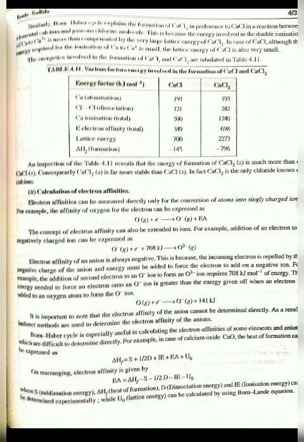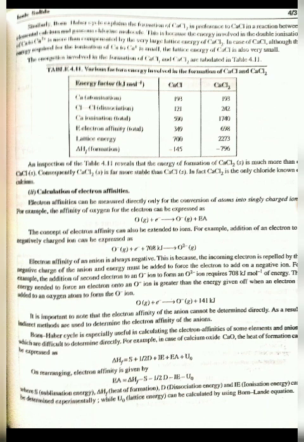It is important to note that the electron affinity of the anion cannot be determined directly. As a result, indirect methods are used to determine the electron affinity of the anions. The Born-Haber cycle is specially used in calculating the electron affinities of some elements and anions which are difficult to determine directly. For example, in case of calcium oxide CaO, the heat of formation can be expressed as delta HF is equal to S plus half D plus IE plus EA plus UO.